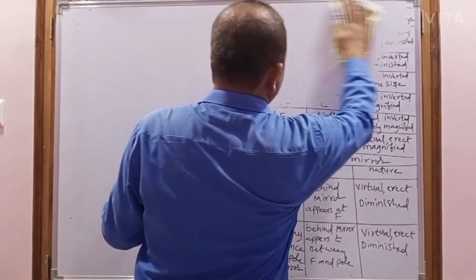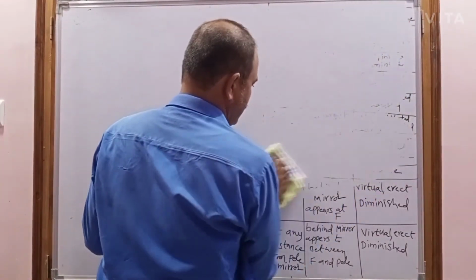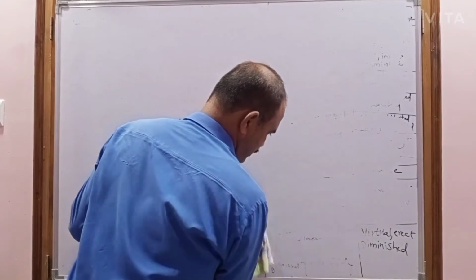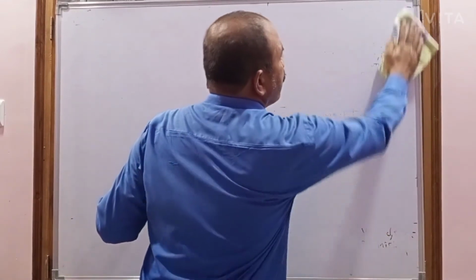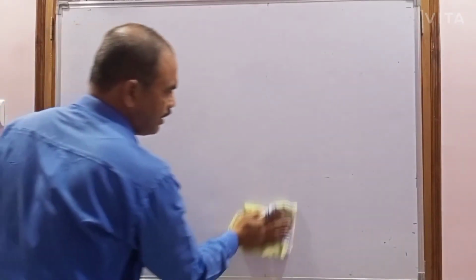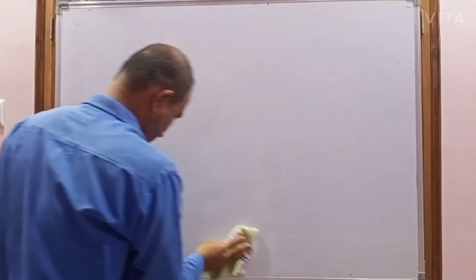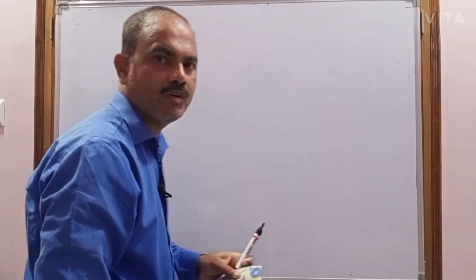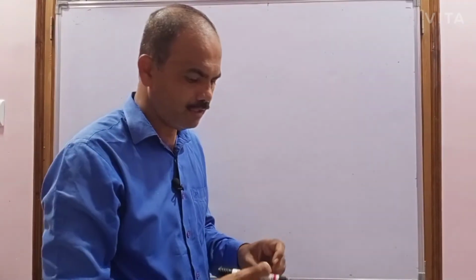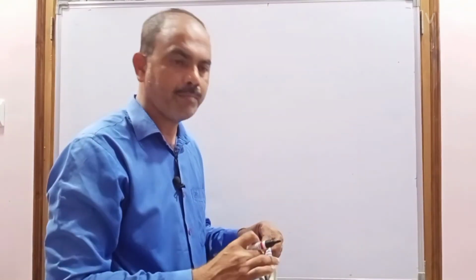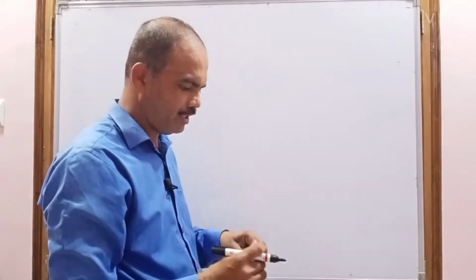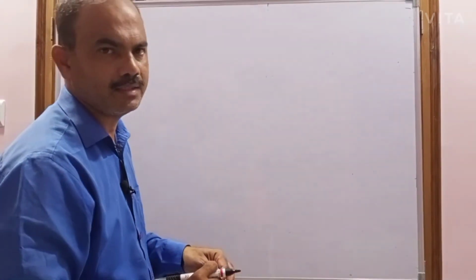That is the importance of the mirror formula. By using that formula, you can find the image distance or object distance without drawing diagrams.